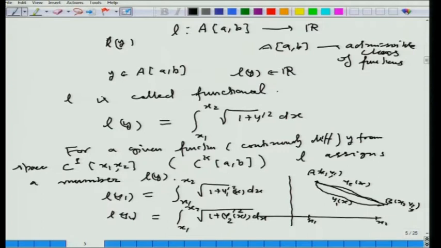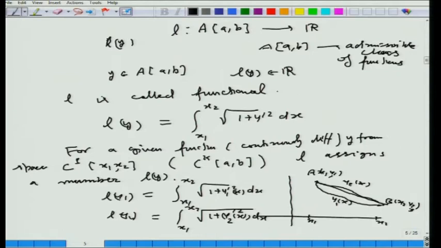Such a thing is called a functional, and here, when we have more general forms of integrals where y prime, y double prime appear in the integrand, then we will take the higher order continuous spaces, which are spaces defined as C k, where k is a non-negative integer, over the interval a b, endowed with the supremum norm over the interval a b.